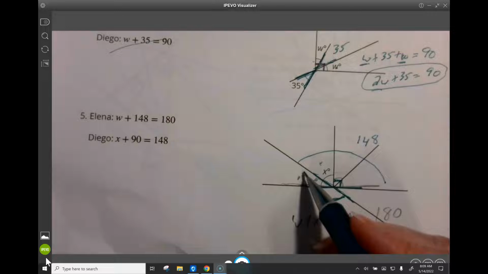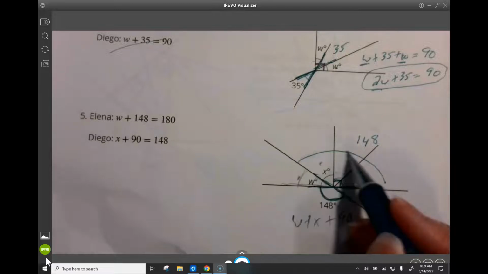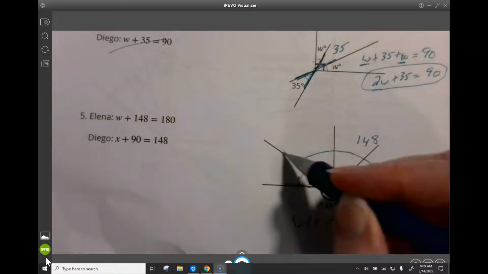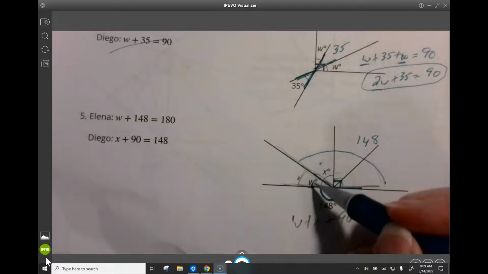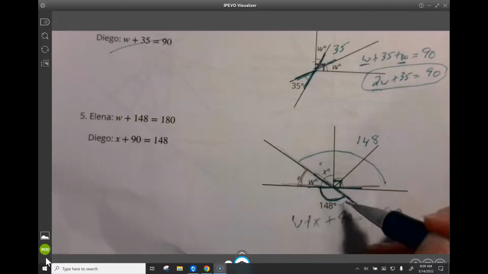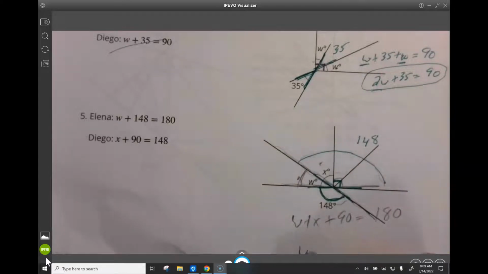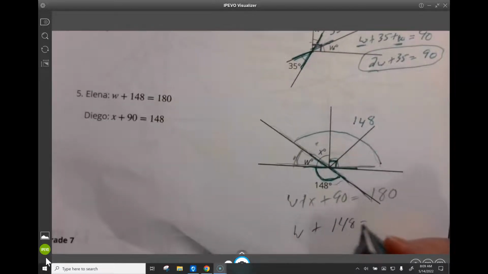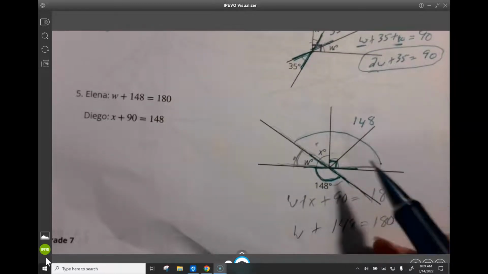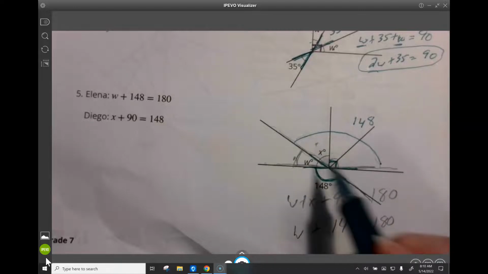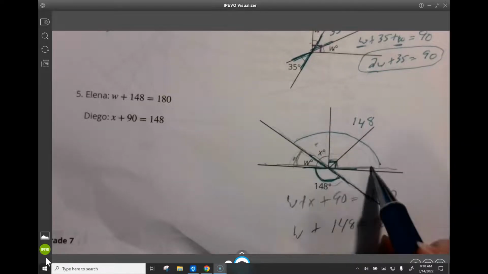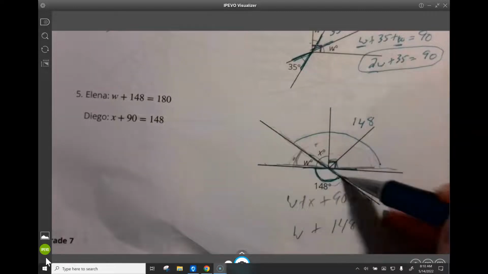We can say w plus 148 is equal to 180. So I can make those two statements. So first off, I did this straight angle, w plus x plus 90 is equal to the entire thing of 180. Then I can go off this line and say w plus 148.